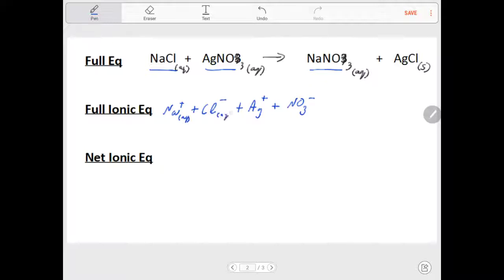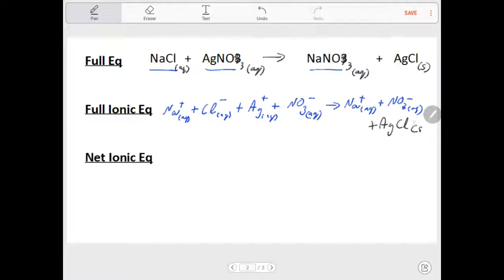We need to include the state, and then that becomes sodium nitrate, so Na plus, which is aqueous, and NO3 minus, which is aqueous. Now I'm just running out of room a bit here, so I'll need to put the solid silver chloride down here, and that's written as a compound, a solid compound.